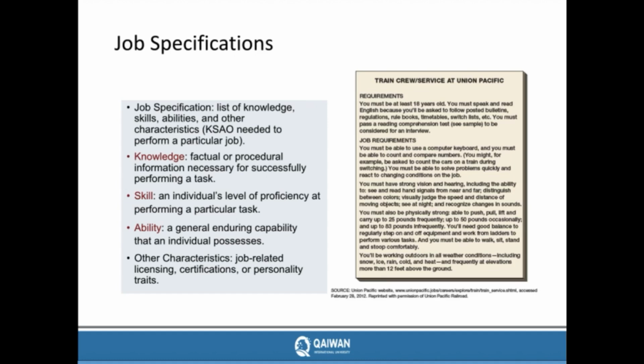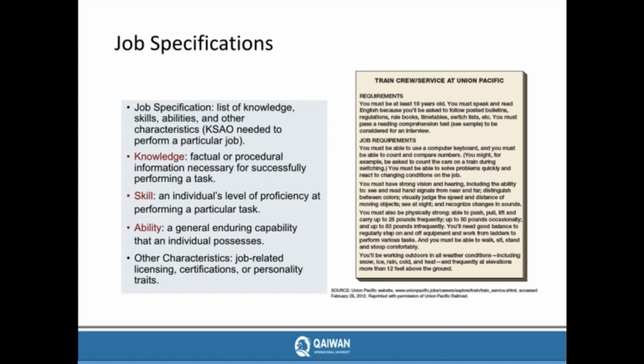But the characteristics include certifications or licenses or even personality traits, for example, being patient or being responsible or having a positive attitude. So these are related to the what? To the job specification.